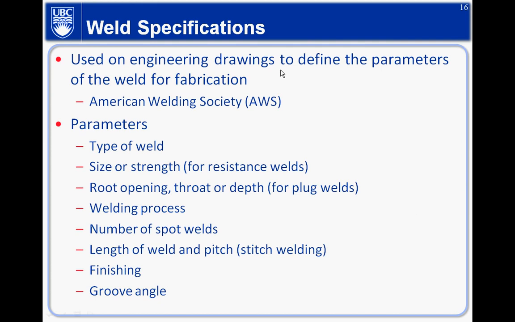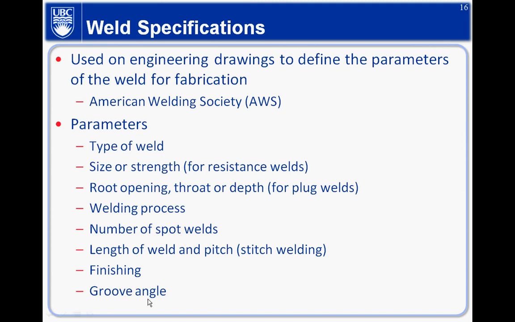Okay, so weld specification. This is a part where we'll look at a couple of examples. How do we communicate through engineering drawings with the welder? We use the American Welding Society's specification. You'll see that the specification includes several parameters such as type of weld, size of the weld, root opening, welding process, and number of spots.